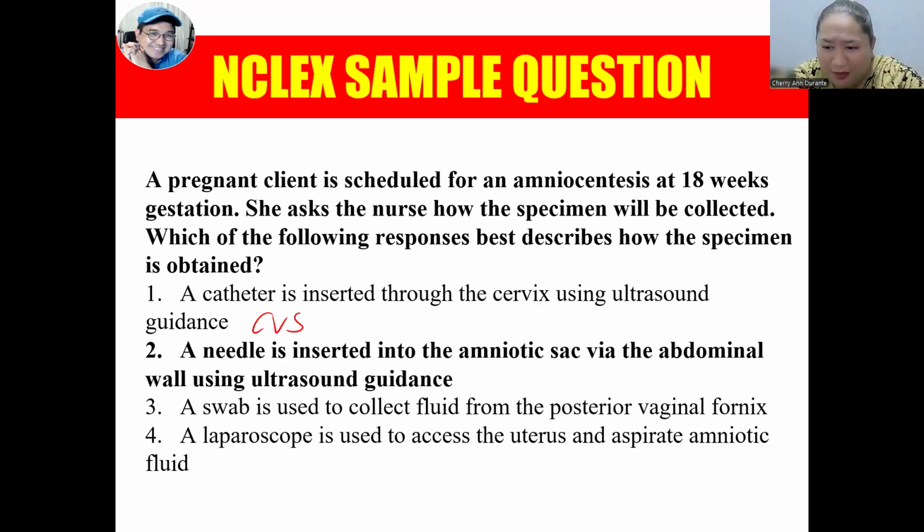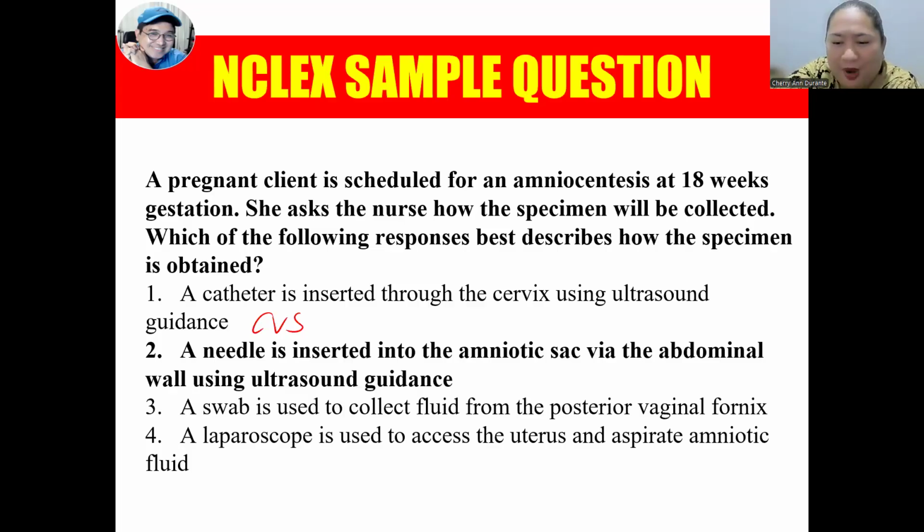A swab collecting fluids in the vaginal fornix. That's not amniotic fluid, that's a cervical or vaginal specimen. What about 4? Laparoscopic. No, this is not used in standard amniocentesis, so this is not your answer as well.